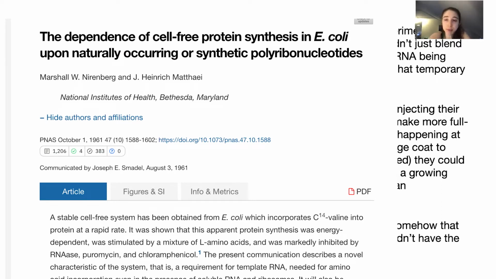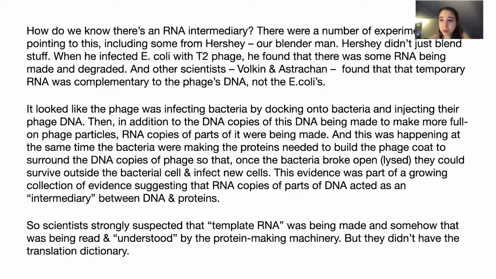They would break open bacteria, isolate different fractions of it, and then mix them together to see what you needed. And so there was evidence that there was some sort of messenger RNA before the works that we're going to talk about today.